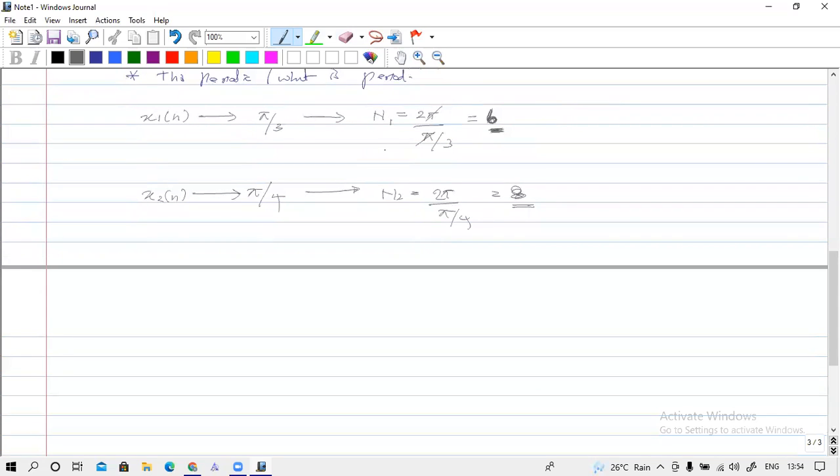Just tell me. You can use the notation. Here we have N1 and N2. So what is the ratio we should take?